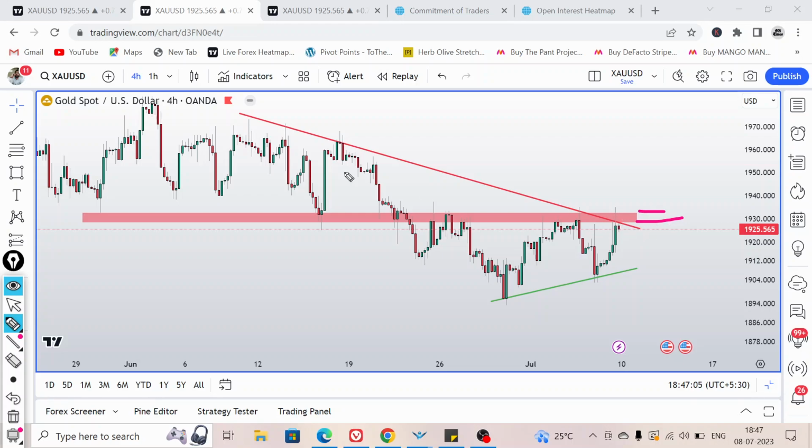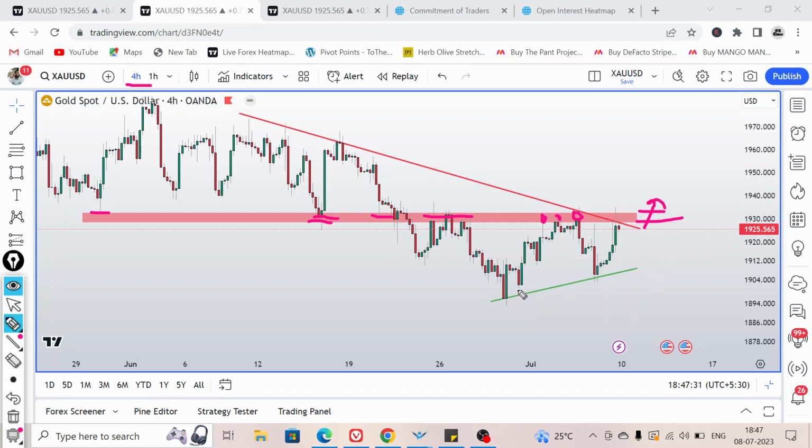On the 4-hour you can see the price is rejecting this zone, and this is a very important zone. Previously we have seen multiple rejections, and before that this zone was a good support. So to go bullish, price needs to break above this zone, then we can look for buy opportunities.